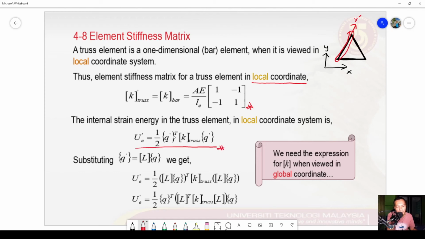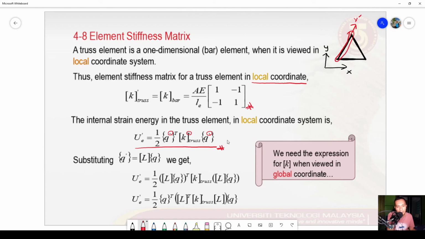But the term for the displacement Q and the element stiffness matrix in these equations are actually written in the local coordinate system. But for a truss problem, when we solve the whole system, we will also view the whole system in the global coordinate system.